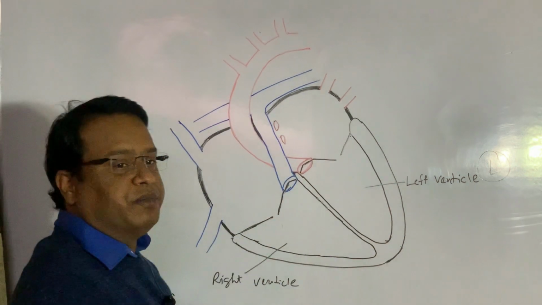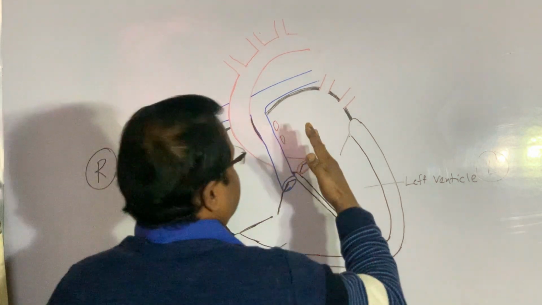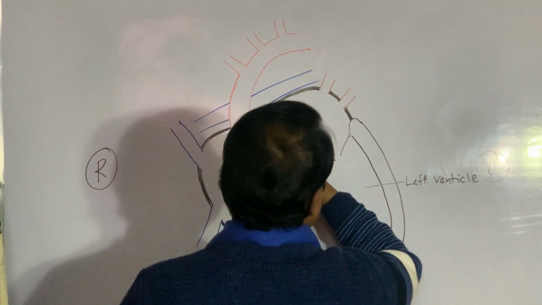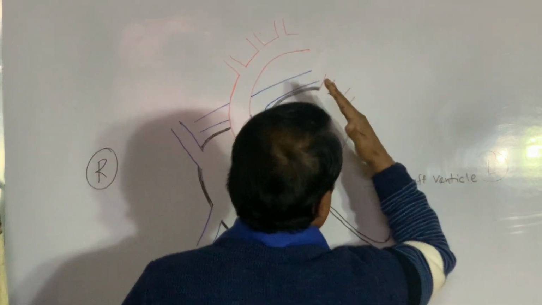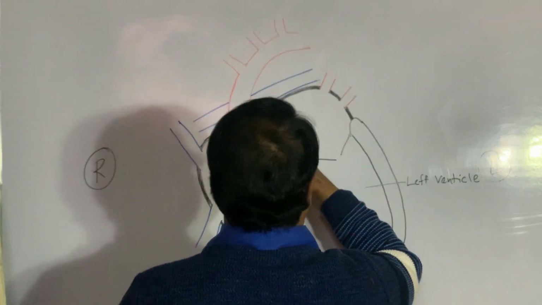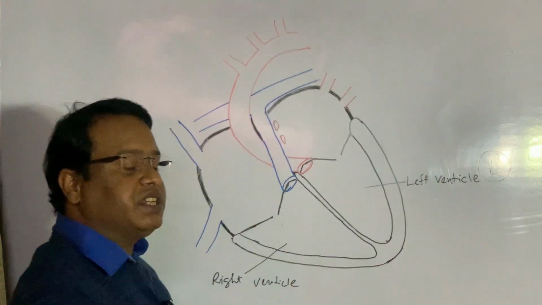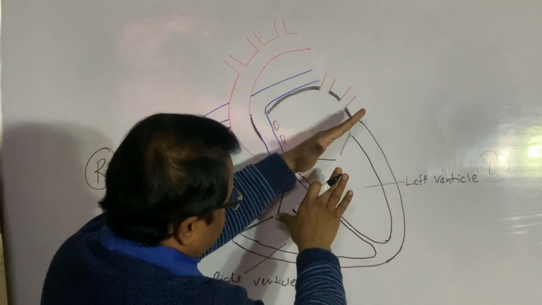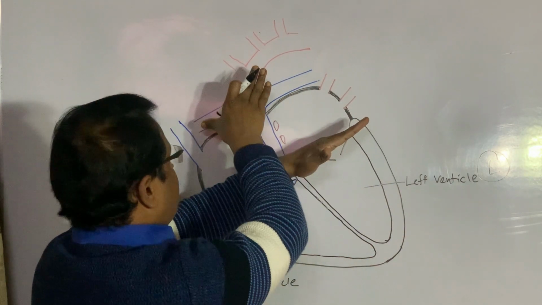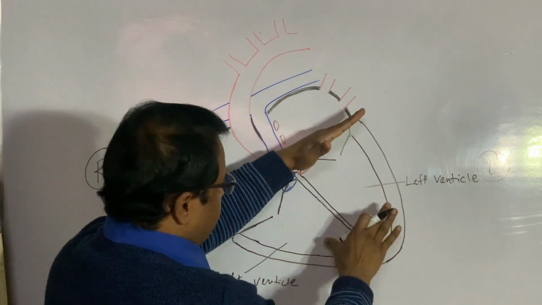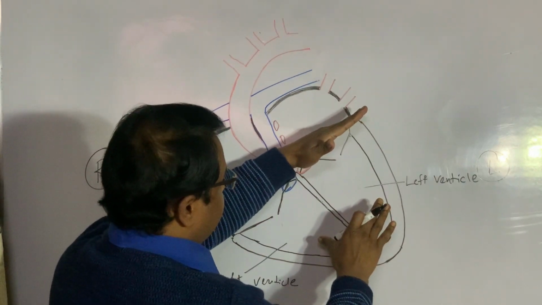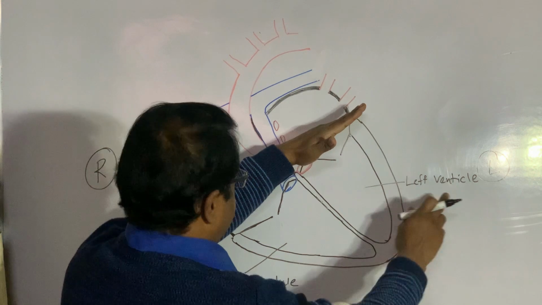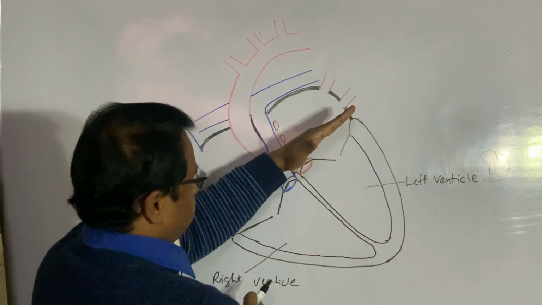One thing you should be clear about is that the left side of the heart deals with oxygenated blood and the right side of the heart deals with deoxygenated blood. If I put my hand here, there is the bottom of the heart, that is the apex. At the bottom of the heart we can see 2 chambers, mainly the left ventricle and right ventricle.